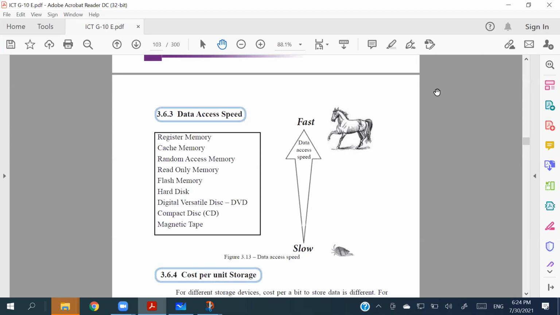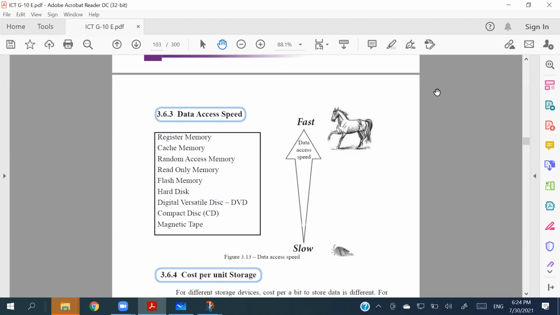So with the access speed, there is another factor always bound with it, which is the access time. When the register memory has the fastest access, or the largest access speed, the time that it takes to get the data is the lowest, right?